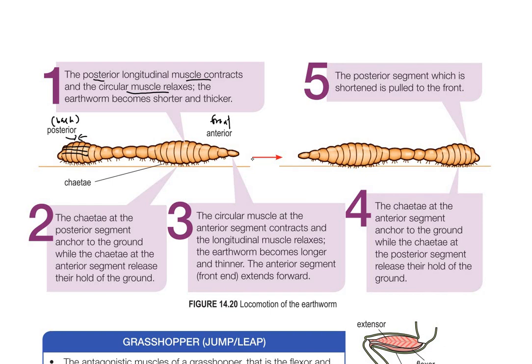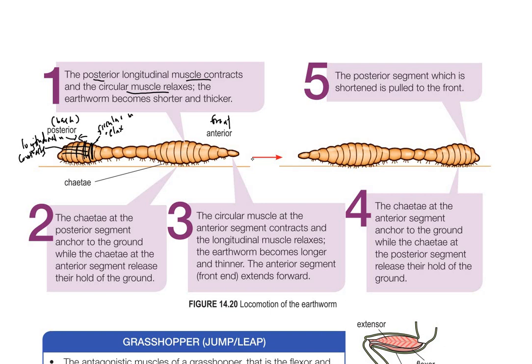At the same time, the circular muscle here relaxes. Okay, so the earthworm becomes shorter and thicker.